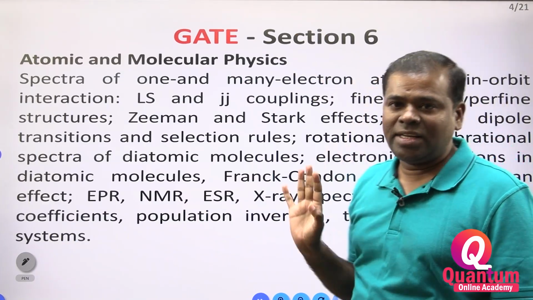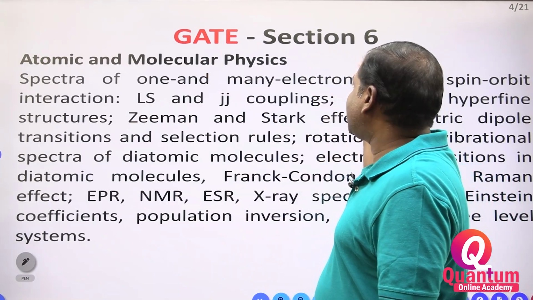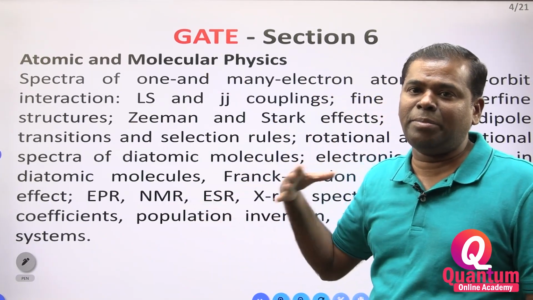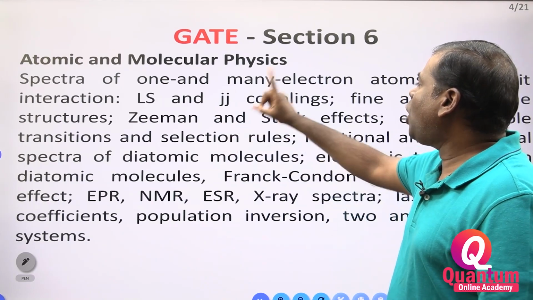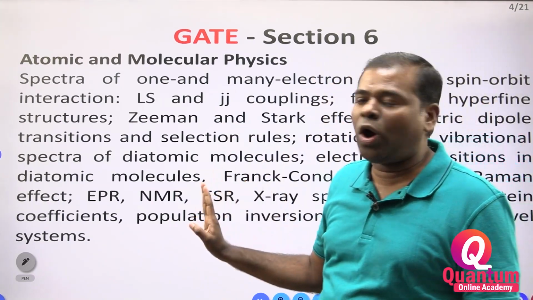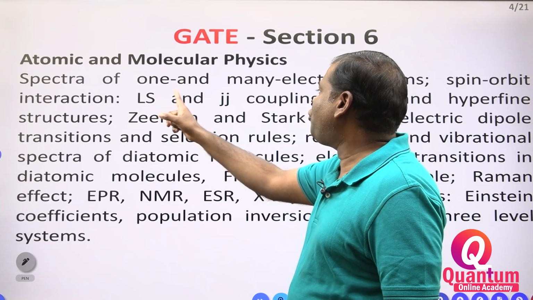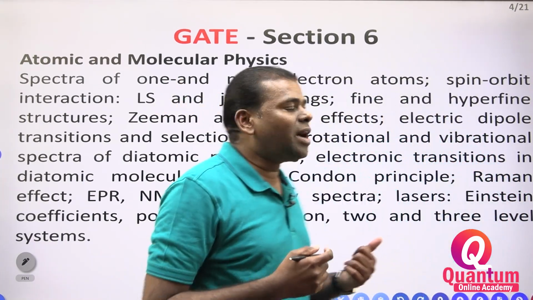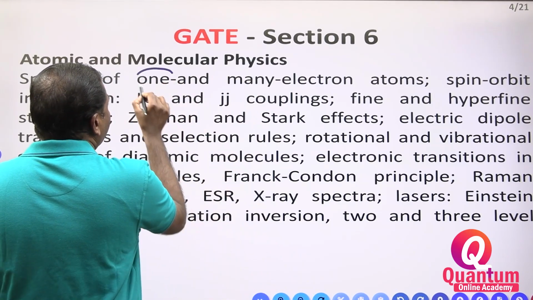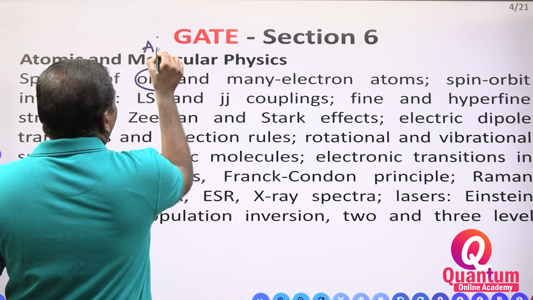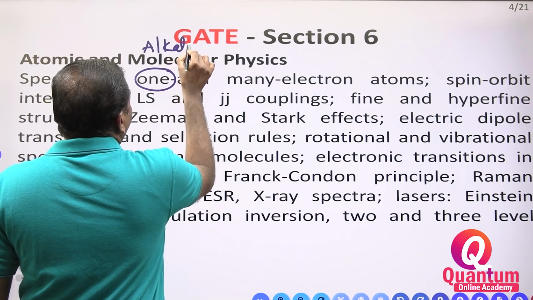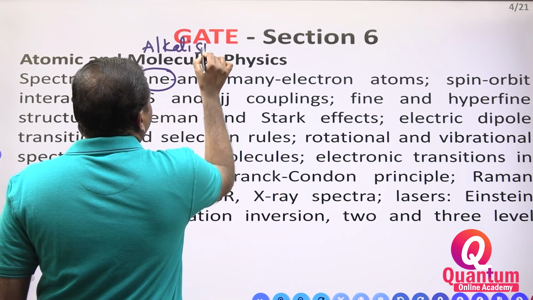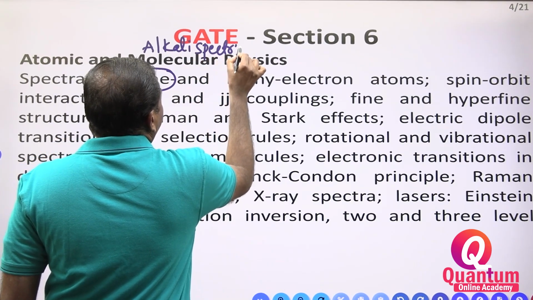What is the GATE? The GATE is the 6th section paper, atomic and molecular physics. In atomic and molecular physics, you have to see the spectra of one and many electron atoms. If it is a one electron atom, a single electron atom, that is the alkali spectra, meaning the spectrum of alkali atoms.